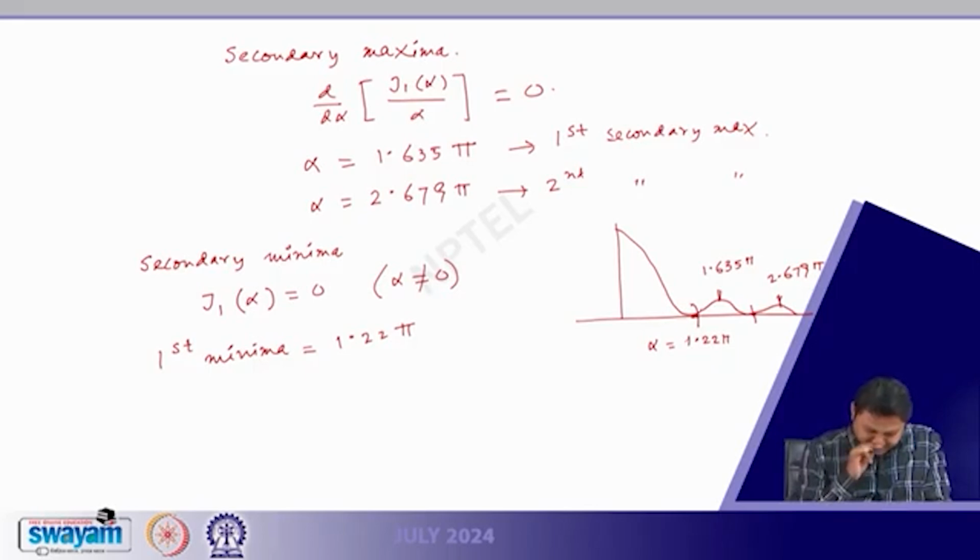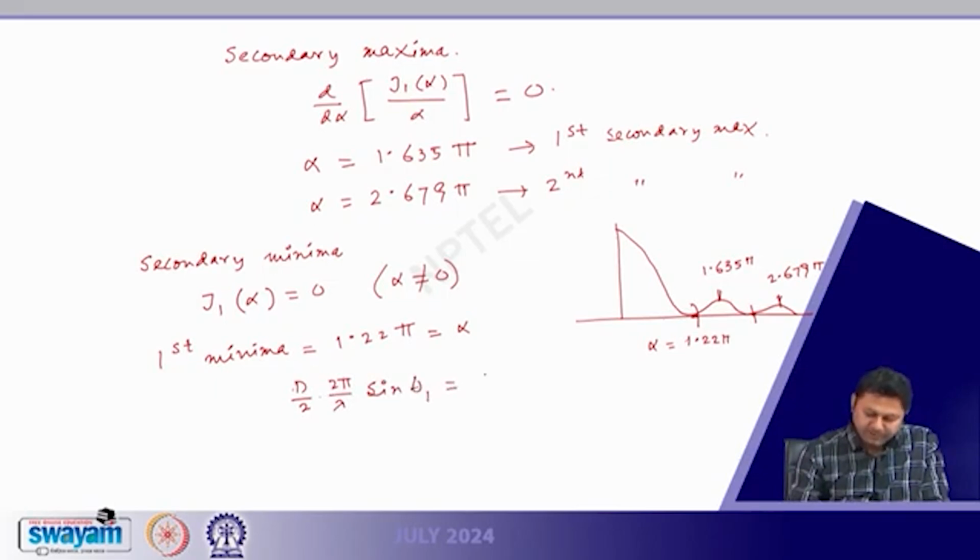So let us understand this. Alpha is equal to (d/2) times k, which is 2 pi divided by lambda, times sine theta 1, the angle.